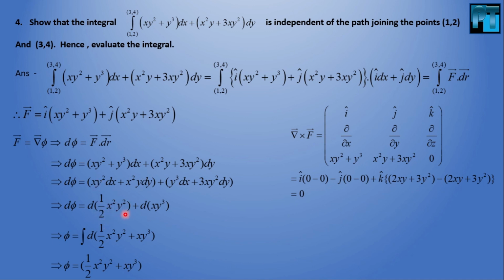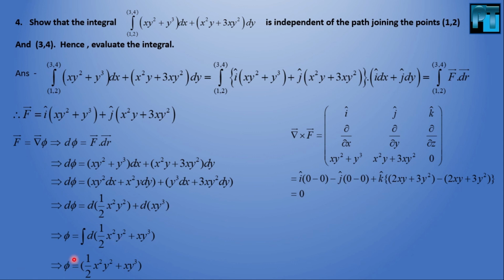You can expand it like, see, half into 2xy square plus half into 2x square y. 2 and half cancel out and this thing comes out. Similarly, this thing is just d of xy cube. So d phi is equal to d of half of x square y square plus xy cube.